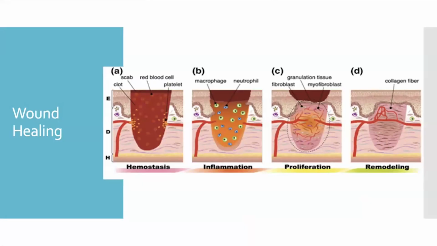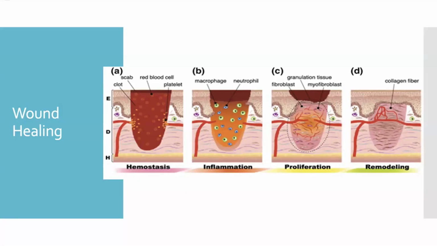Then we progress to the inflammatory phase, where the biggest players are the neutrophil that comes first, followed by the macrophage. The neutrophil starts releasing these pro-inflammatory cytokines, these proteins that say that there is inflammation or should be inflammation in the area. These neutrophils also help to phagocytose, or absorb and kill, any microbes that are in the area.